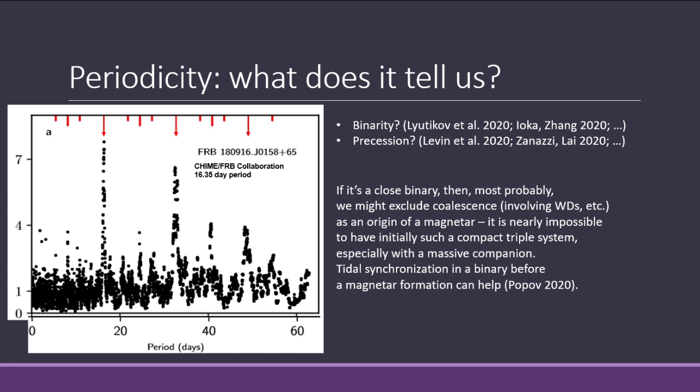If it is precession, maybe this is an argument in favor of exotic mechanisms of magnetar formation, at least in the case of two periodic sources. If it is proved that the origin of the periodicity is related to binarity, then definitely we have to exclude exotic mechanisms of formation. Formally, you can work with triple systems, but in my opinion, it's like using epicycles, and it's not so natural.